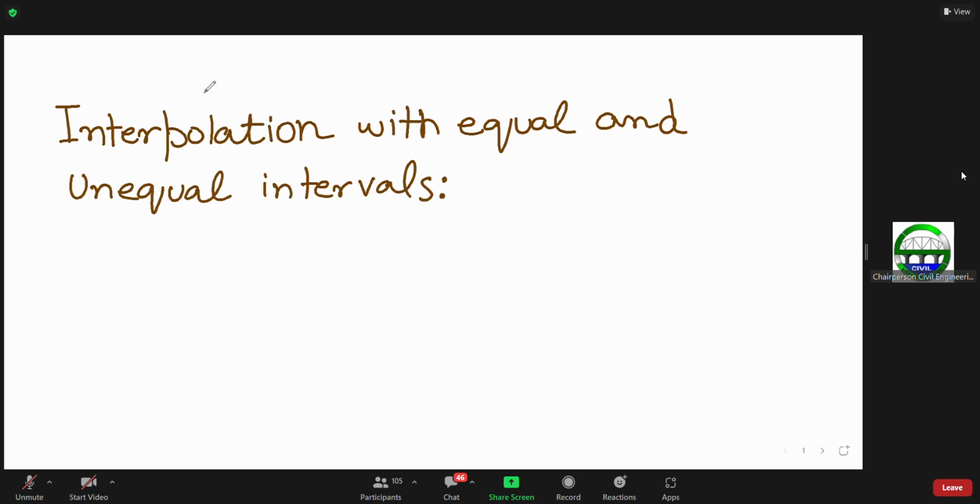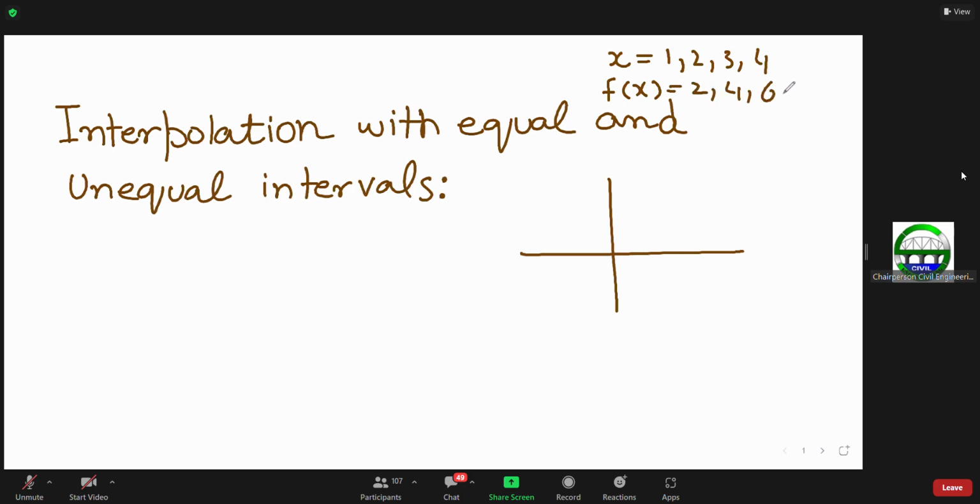Sometimes it is really important in mathematics that we have a series of numbers, a series of arguments, and we don't know the exact location of the point. For example, say x is equal to 1, 2, 3, 4, and the corresponding f of x is 2, 4, 6, and 8.